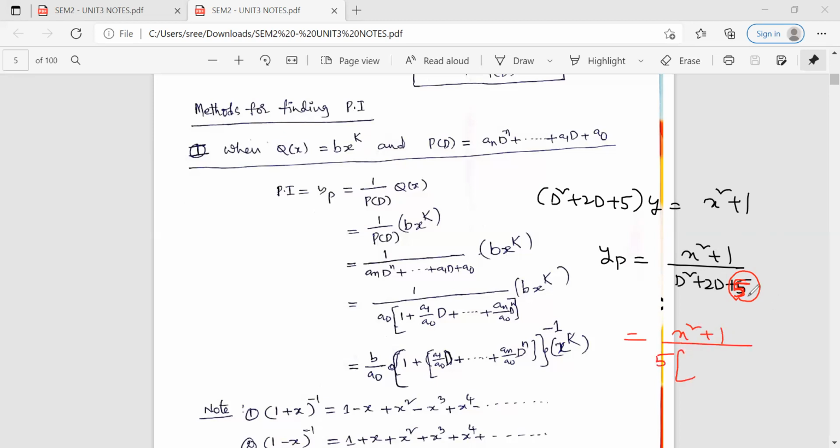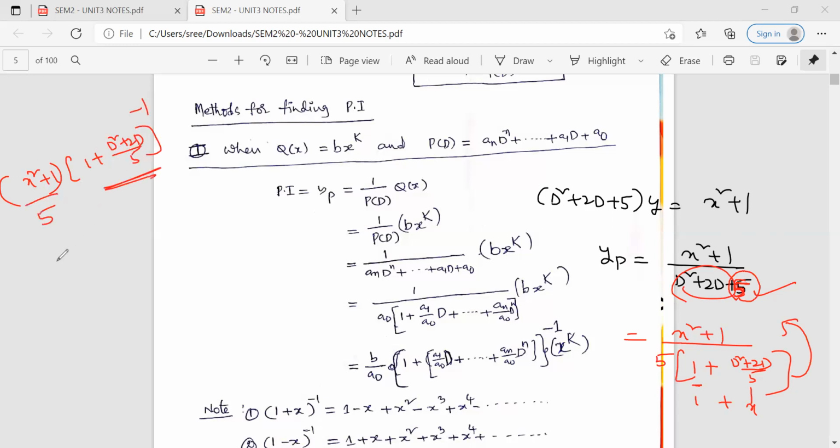From the denominator, we get 1 in the constant place and the remaining term becomes D square plus 2D by 5. Now it is just like 1 plus this, which is equal to X. Now I take this expression into the numerator. What happened? X square plus 1 into 1 plus D square plus 2D by 5 whole power minus 1.